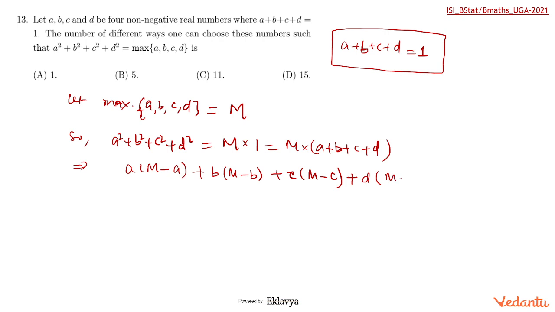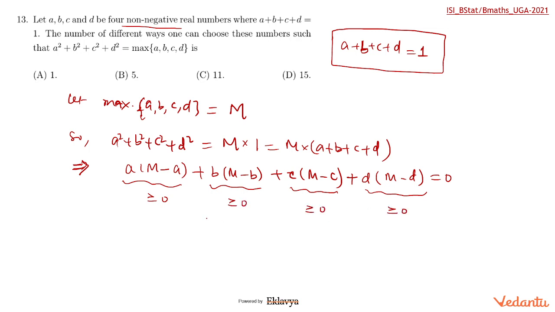Plus D times (M minus D). Each of A, B, C, D is less than or equal to M. This becomes 0, right? There are 8 terms consumed in this. As these terms are non-negative, all the elements are greater than or equal to 0, and as A is between 0 and 1, M minus A is also not negative, also greater than or equal to 0.